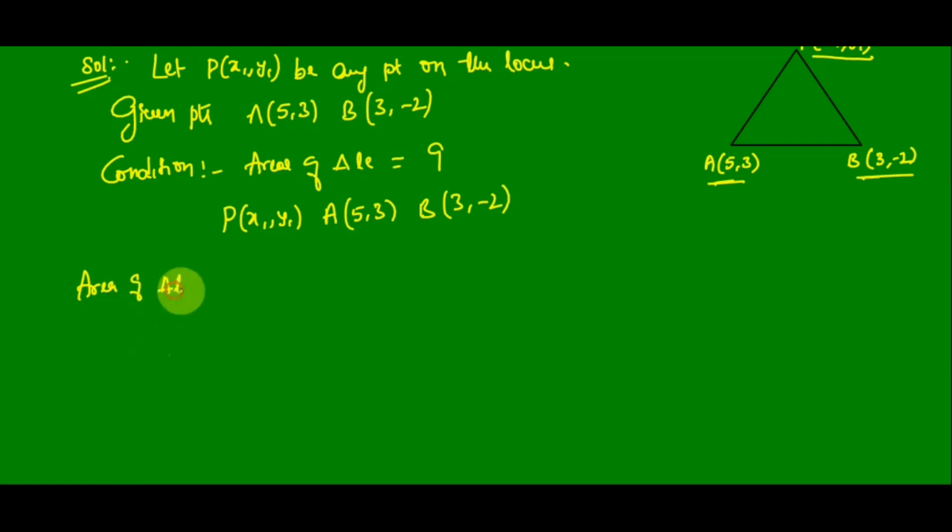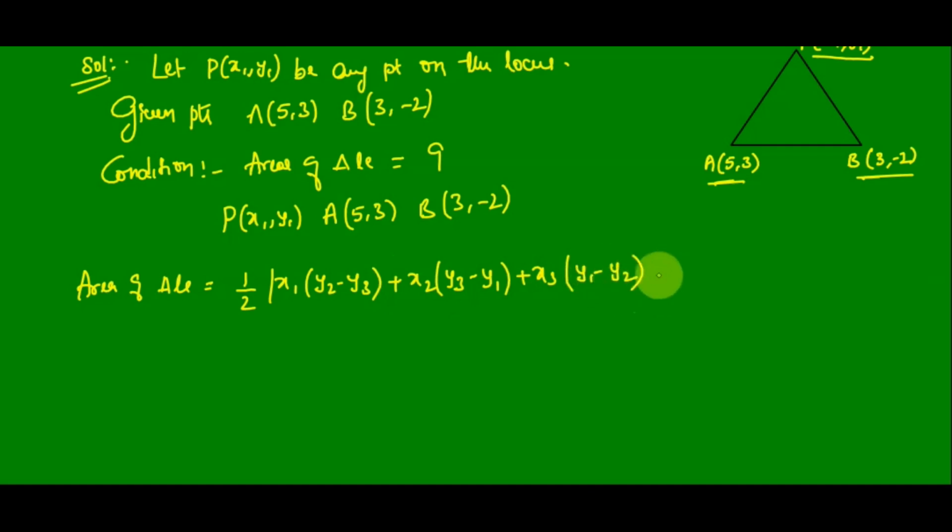So what was that formula? Area of triangle is equal to half modulus of first, this is x1. When x1 is there then we will write (y2 minus y3). Then plus x2 into (y3 minus y1). Then plus x3 into (y1 minus y2).